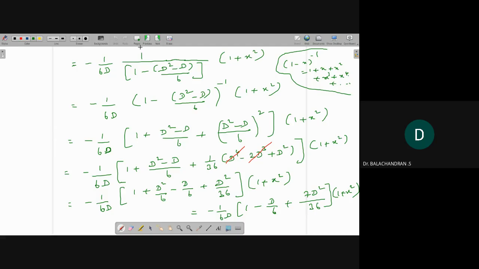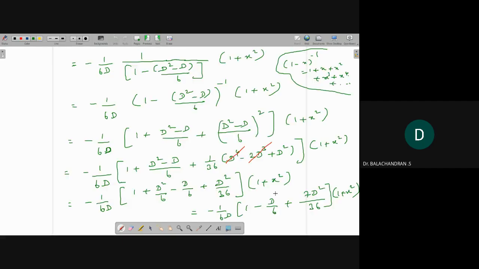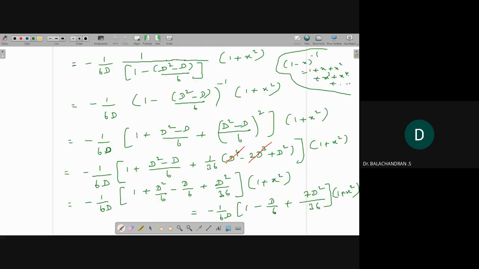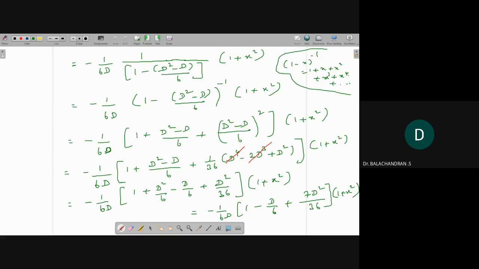into 1, okay, first 1 into 1 plus x square, that is 1 plus x square. And minus 1 by 6, differentiation of what? Differentiation of 1 plus x square, and then plus 7 by 36, d square of 1 plus x square.